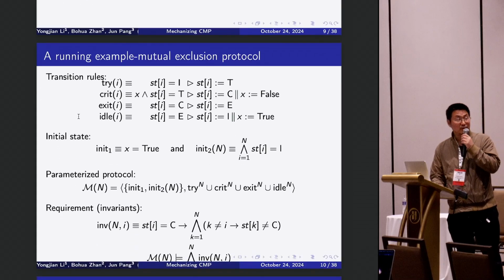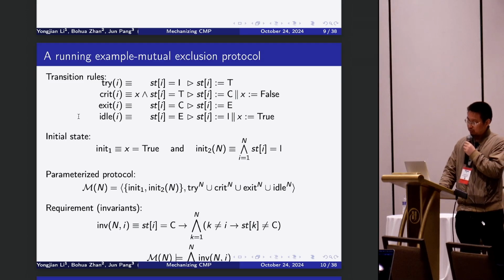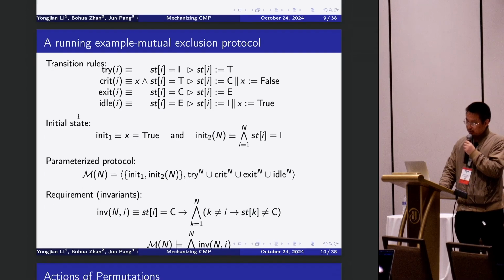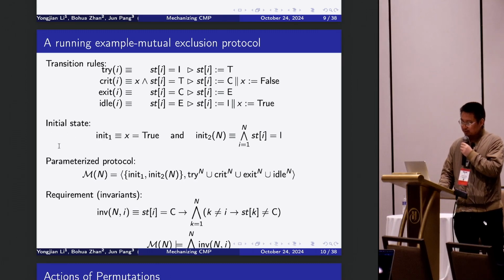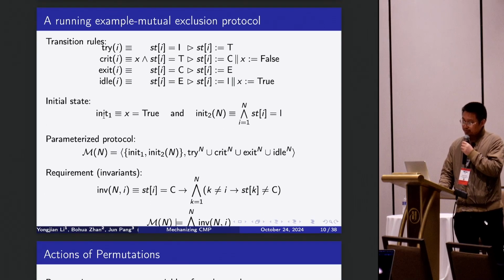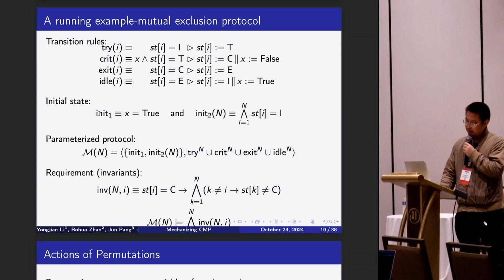We use a simple mutual exclusion protocol to illustrate the above concepts. There are two guarded rules, the transition rules of the protocol model, and two formulas to specify the initial state.